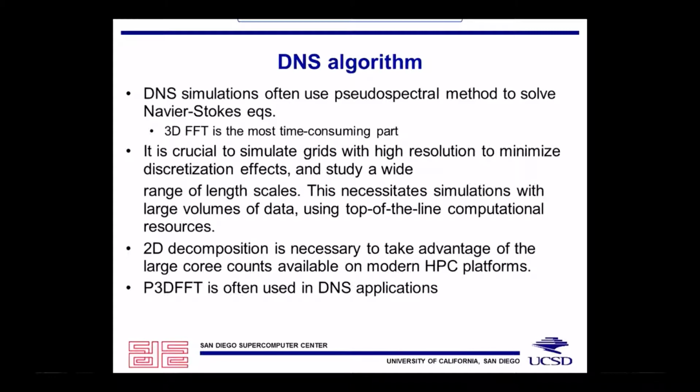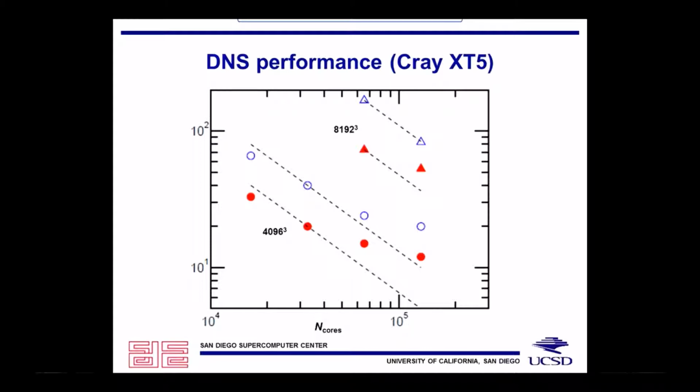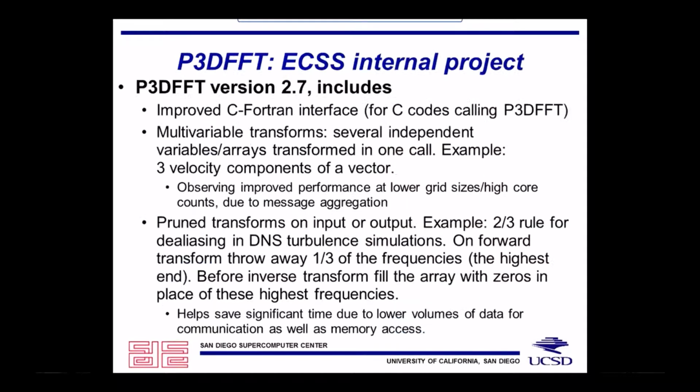Next slide. This plot shows scaling performance of a DNS code, in this case on Cray XT5, up to 128,000 cores. Next slide.